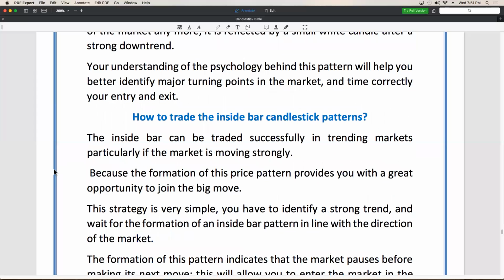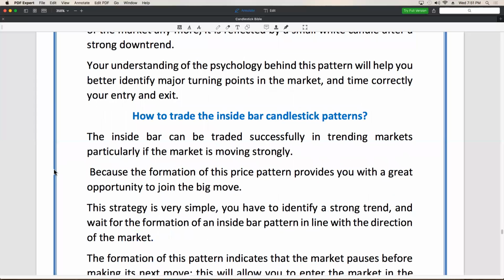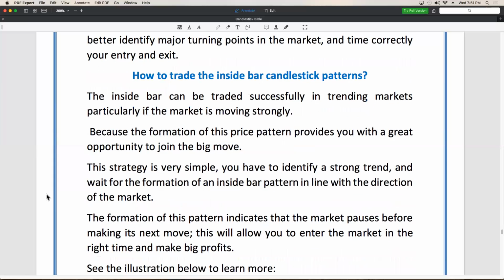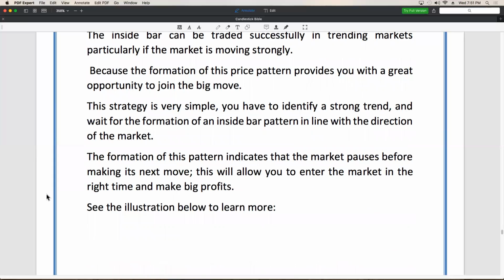So how to trade that inside bar candlestick patterns? The inside bar can be traded successfully in trendy markets, particularly if the market is moving strongly. The formation of this price pattern provides you with a great opportunity to join the big move. This strategy is very simple. You have to identify a strong trend.